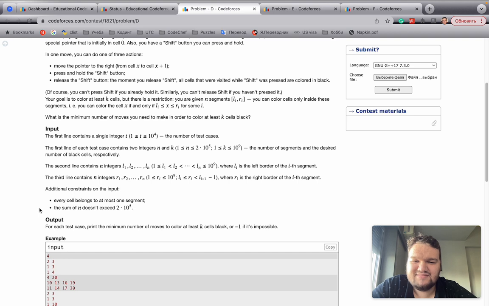What's the problem? Isn't it true that I should just color the first K cells?